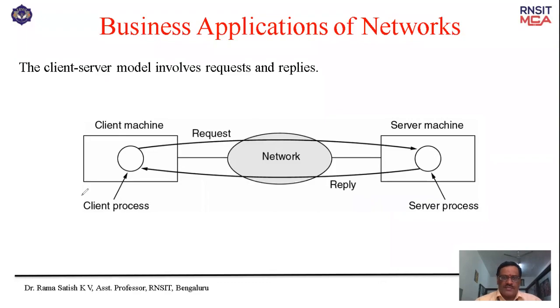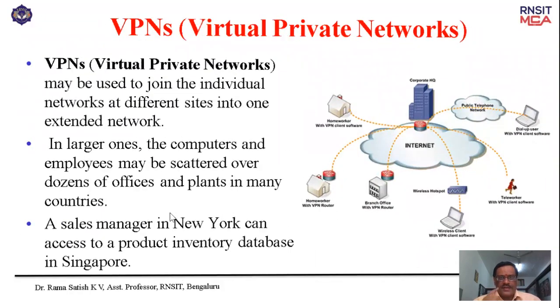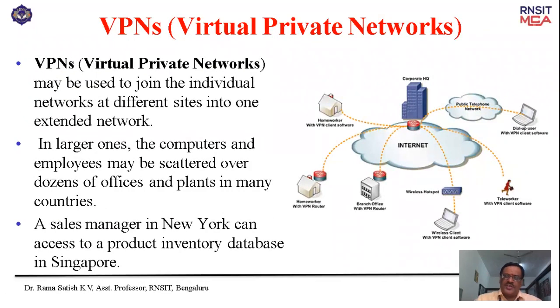Right. Moving further, the important one, virtual private network. If you have a corporate office headquarters in Bangalore, and you don't have an office only in one place, it is there in some other branch, and your employee is working from home.